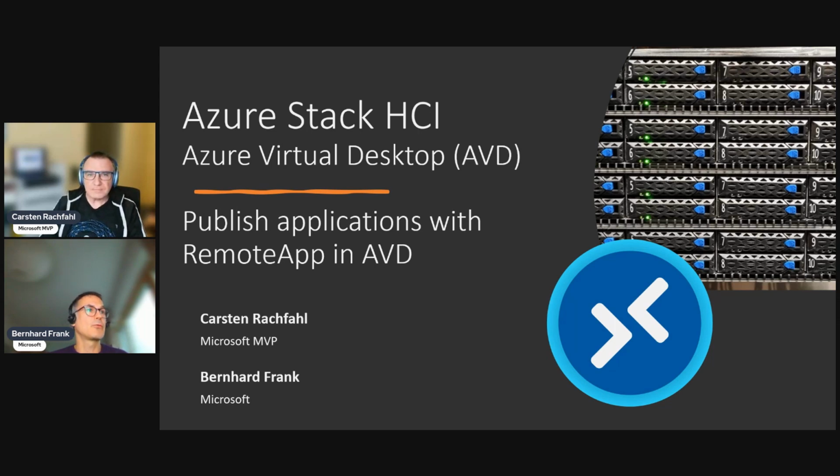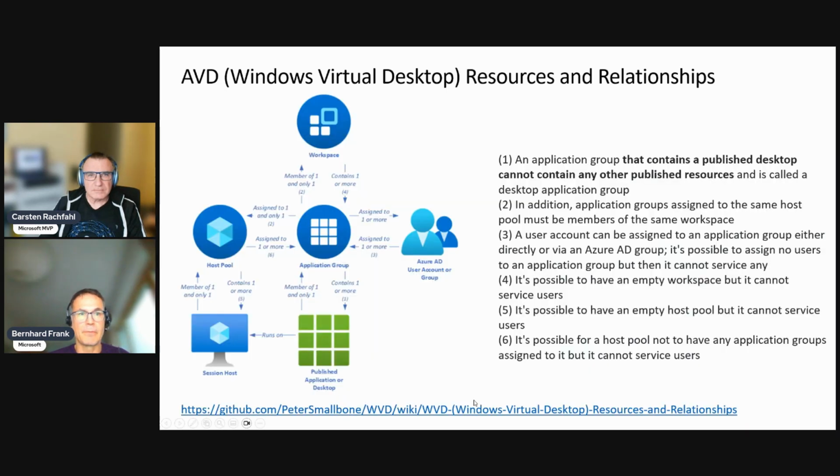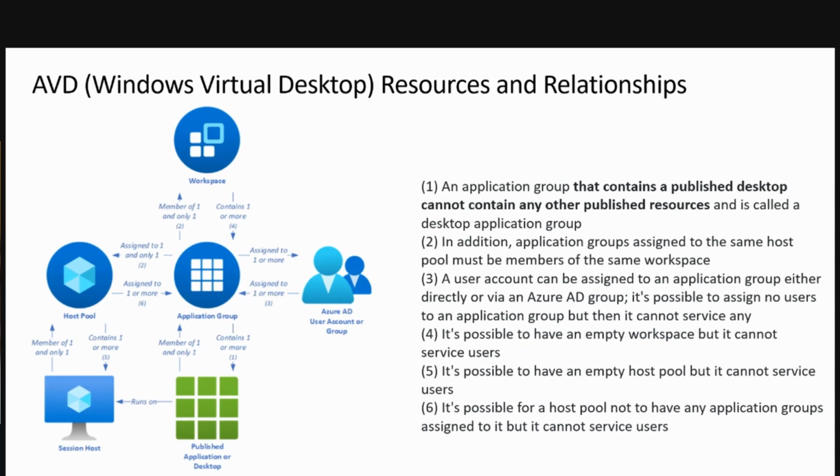So I think, first of all, we may talk a little bit about some dependencies, right? We can only publish what is basically installed on the session host, so there is a dependency on this.